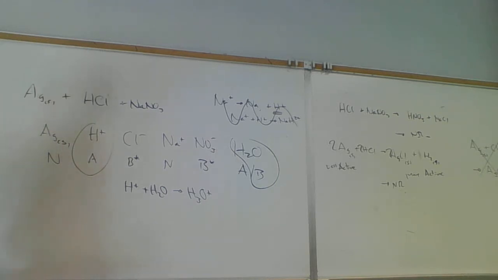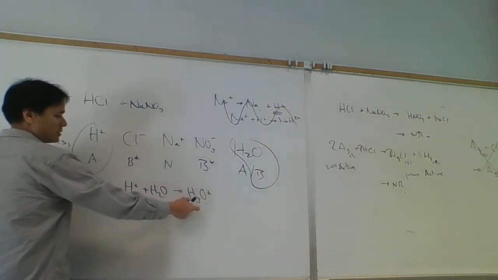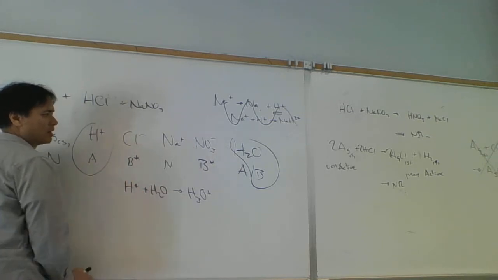And so basically we got no reaction, because I said that H plus is too unstable. Why is it too unstable to exist alone? Because of its size. Yes, incredibly small size. But it's a hassle writing everything as hydronium, so we just retain the H plus. So this is pretty much a non-reaction here.